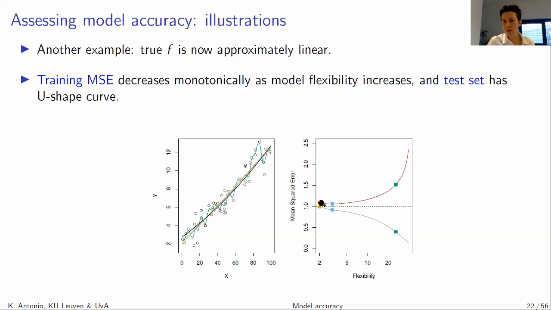So that would definitely be an argument to go for the orange model here, because you can say it's simple, it's just a linear regression model, and its performance is approximately as good as the performance of the blue one, which is the blue one, you could say it's really minimizing the test error, but the orange is so close, and it is more simple, so that would be a good reason to go for the orange one over here, right?